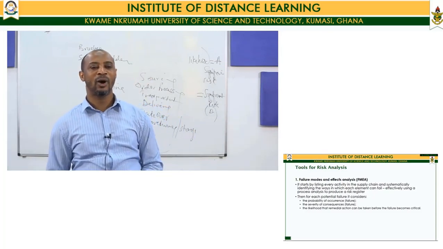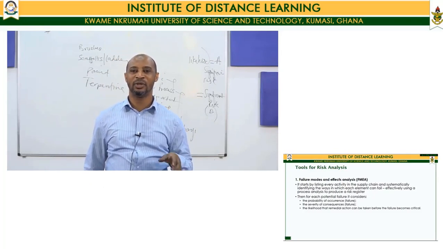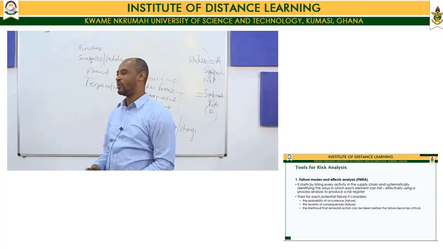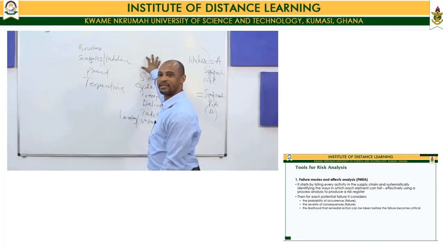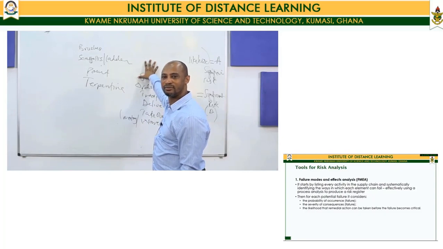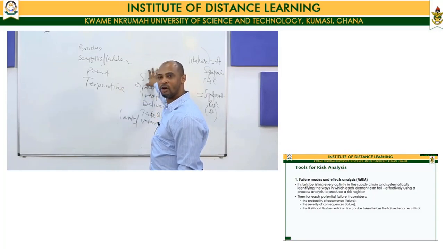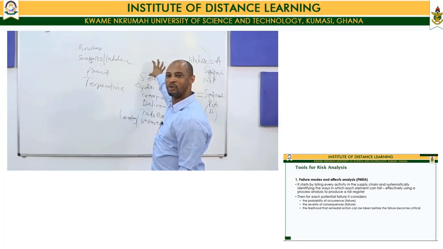Now, what are the risks associated with all these? With sourcing, we know the risks. Identifying the wrong supplier because you have received the wrong information. Getting the wrong products because there is a misunderstanding between you, the one placing the order, and the one supposed to deliver the order.